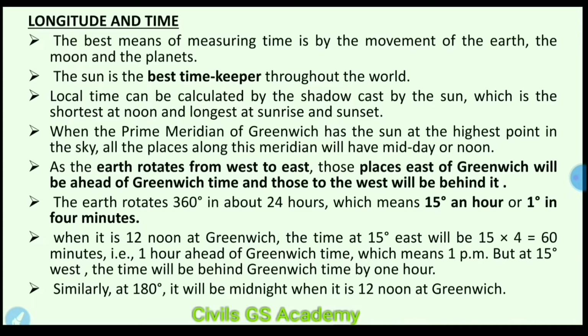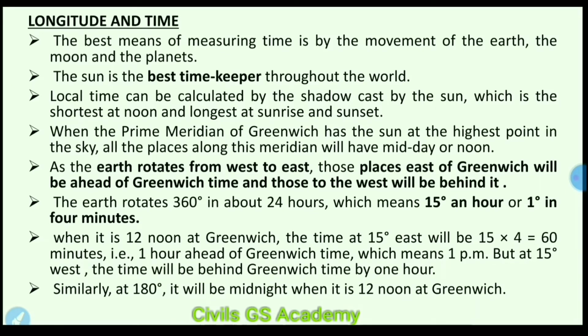So places which are east of Greenwich are ahead of Greenwich time, and those to the west will be behind it. The earth rotates 360 degrees in 24 hours, which means 15 degrees an hour or 1 degree in 4 minutes. It is 12 noon at Greenwich. The time at 15 degree east will be what? 15 into 4 is equal to 60 minutes.